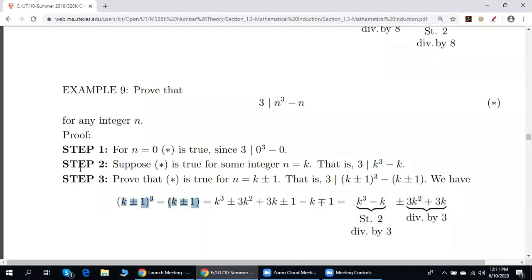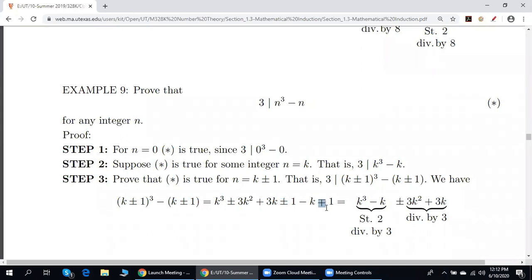Done. Any questions here? Can you explain again what the difference between plus minus and minus plus is? Very good question. Plus minus and minus plus means the following. If instead of plus minus here and here we have plus, then this plus minus becomes plus. This plus minus becomes plus.